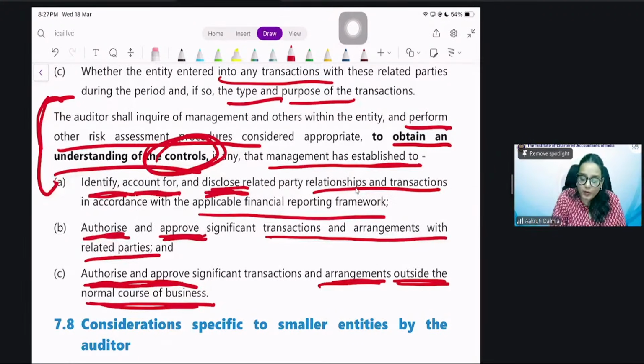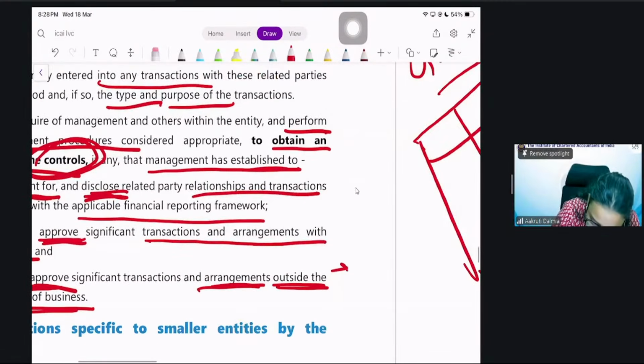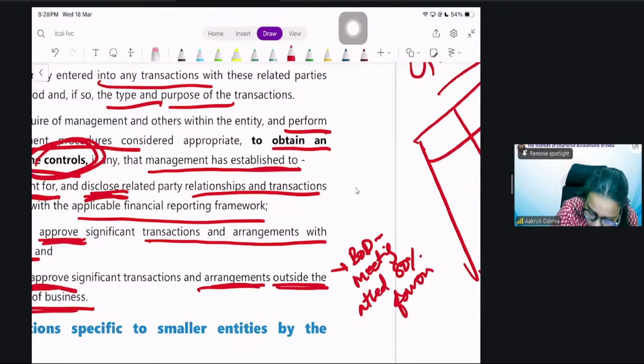If you come to know that they have created a system that a board of directors meeting will be called, and at least 80% should be in favor, then only it will be approved. Is that a good internal control system? Yes. Knowing that this internal control system exists, would you feel better as an auditor? Would you feel it is more reliable? Would you feel their list and their disclosure is better?